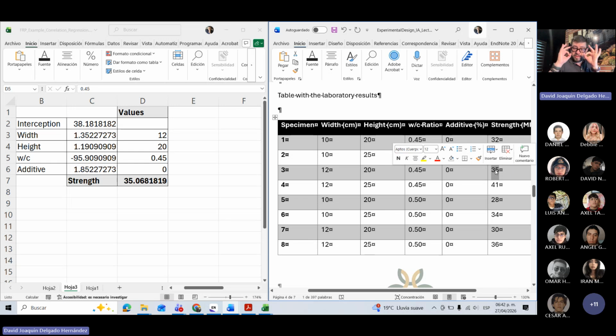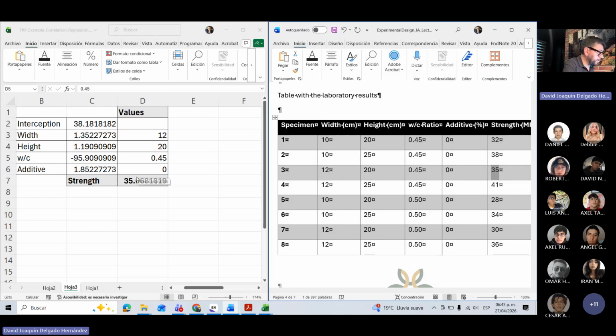So it is a very, very excellent artificial intelligence model, okay, because it is giving me exactly the result that I am expecting. But there is some noise, obviously. This is the noise 0.6, okay? Because I was expecting 35, but it is giving me 35.06.